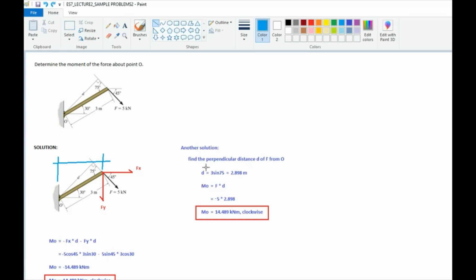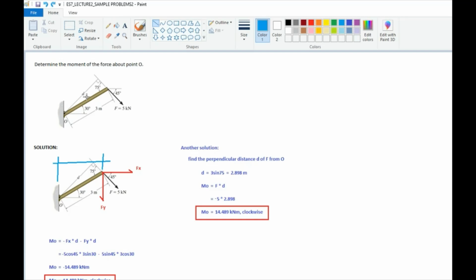Another solution is to find the perpendicular distance D from O. Here it is shown that F is 75 degrees from this member.